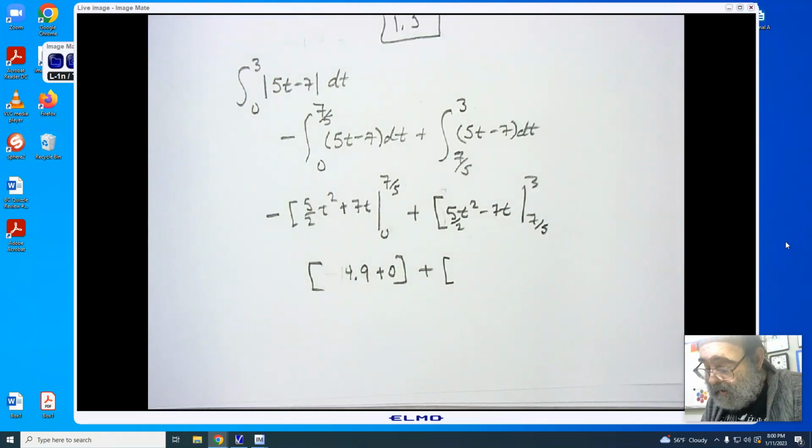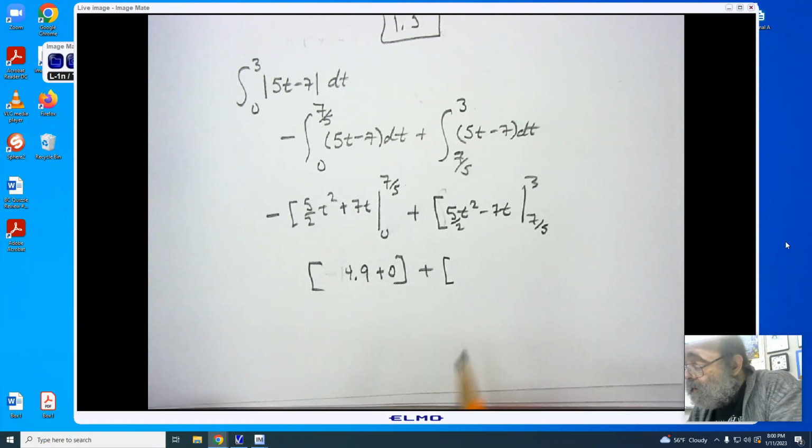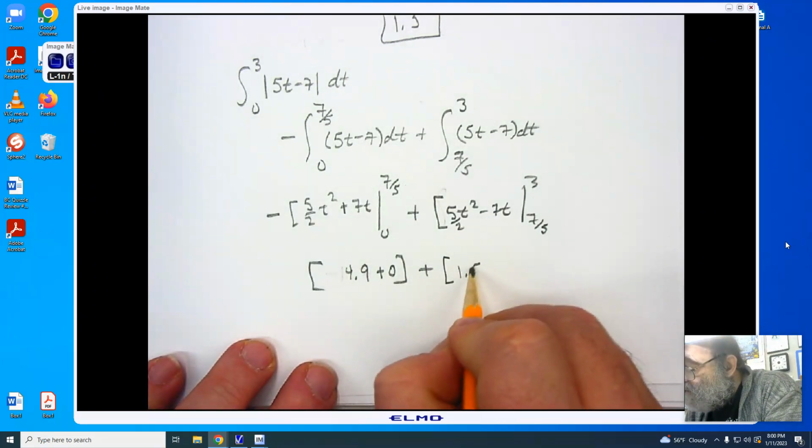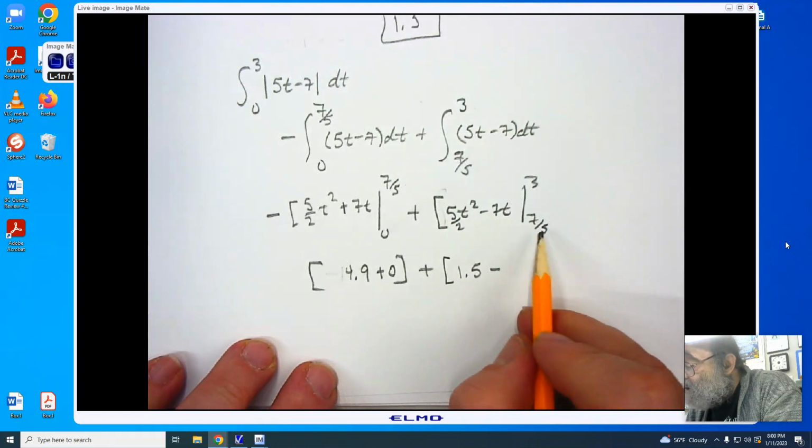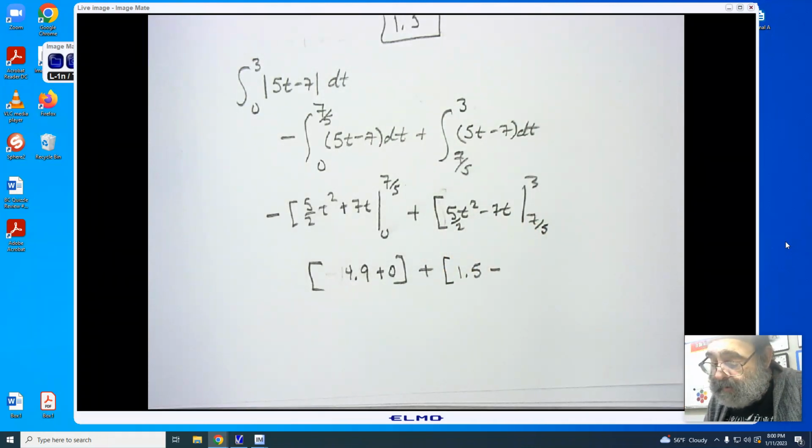And now we're doing it again as 5 divided by 2, parentheses, 3, the quantity squared, and then we have minus 7 times 3. This is giving me 1.5, and I'm now subtracting 7.5 placed into this.